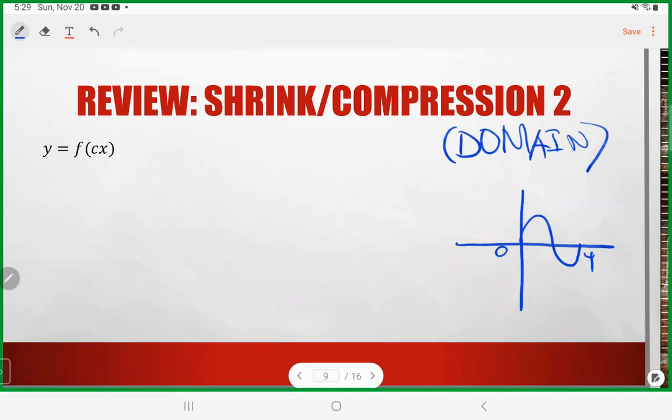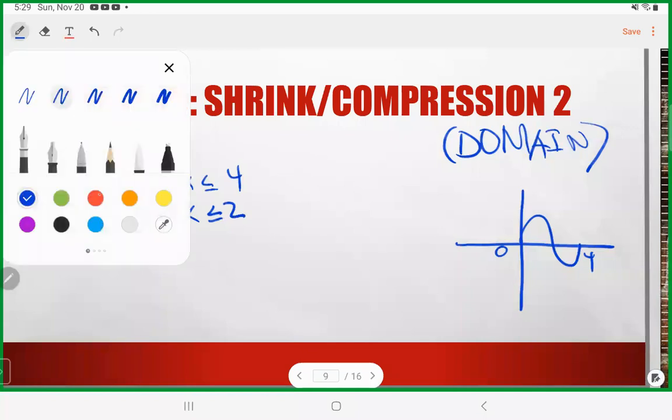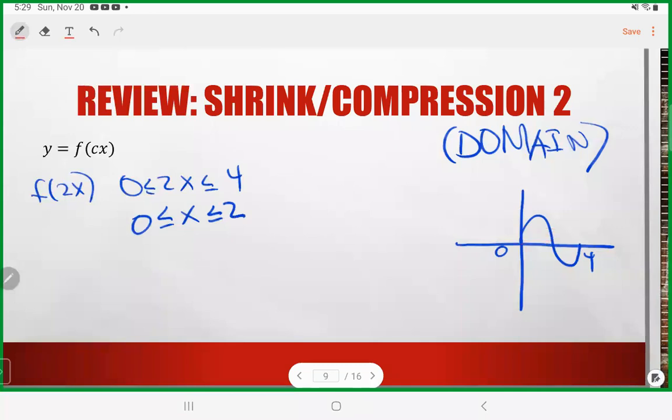So let's look at the domain for f of 2x. Put that into the domain. For x, you can see that you actually shrink the domain like so, and then the resulting graph would be something like this because you divided it by 2.